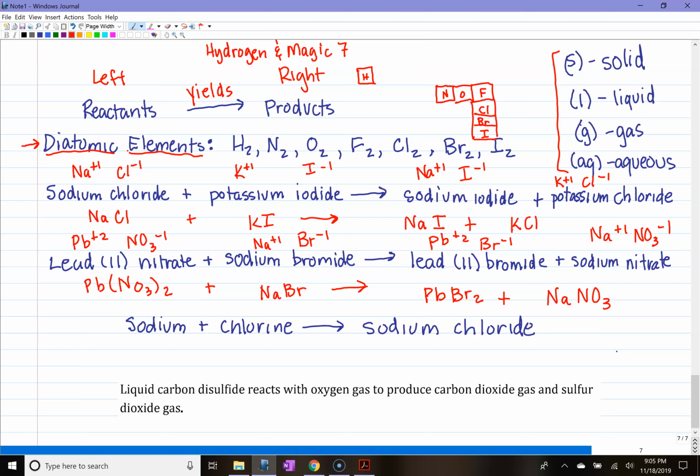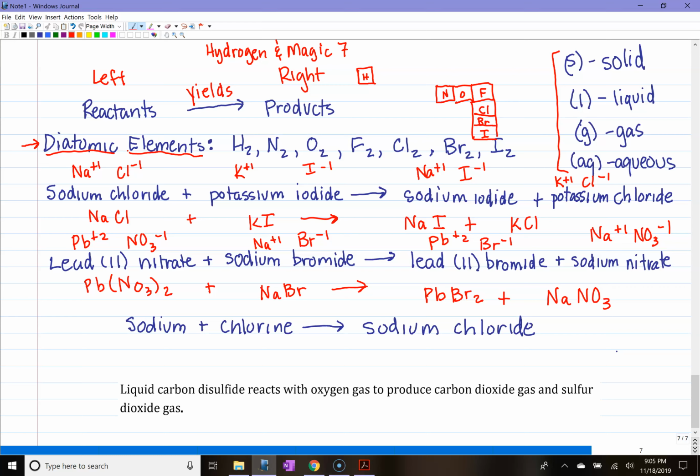So it would be Pb(NO3)2, plus sodium bromide. Sodium has a +1 charge, bromine has a -1 charge, and so it would be NaBr.